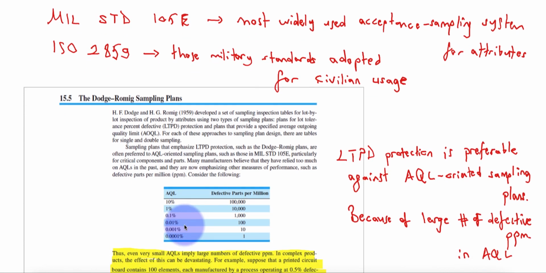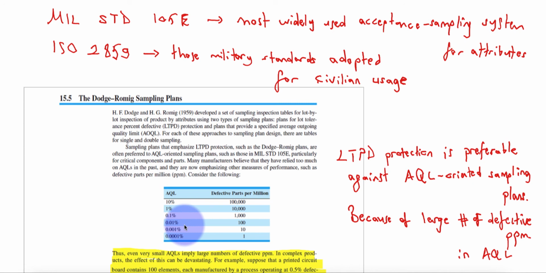Lastly, let me talk about this. Up to here, we have seen lots of tools, right? Lots of computations, indicators, factors, etc. They are important, and these tools actually come from a standard. This standard dates from after World War II. It's a military standard, widely used for acceptance sampling systems for attributes.